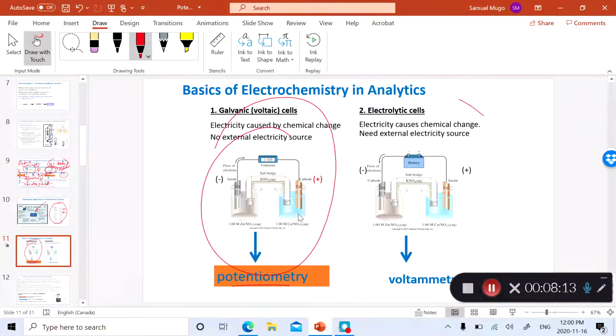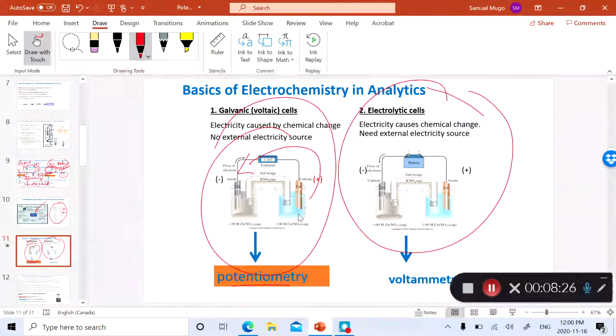On the other hand, if you reverse the order of the anode and the cathode, for example in this case, now you call that an electrolytic cell, and you did this in Chem 102. The only difference is, in a galvanic cell the redox reaction is spontaneous, and with the electrolytic cell the redox process is non-spontaneous.